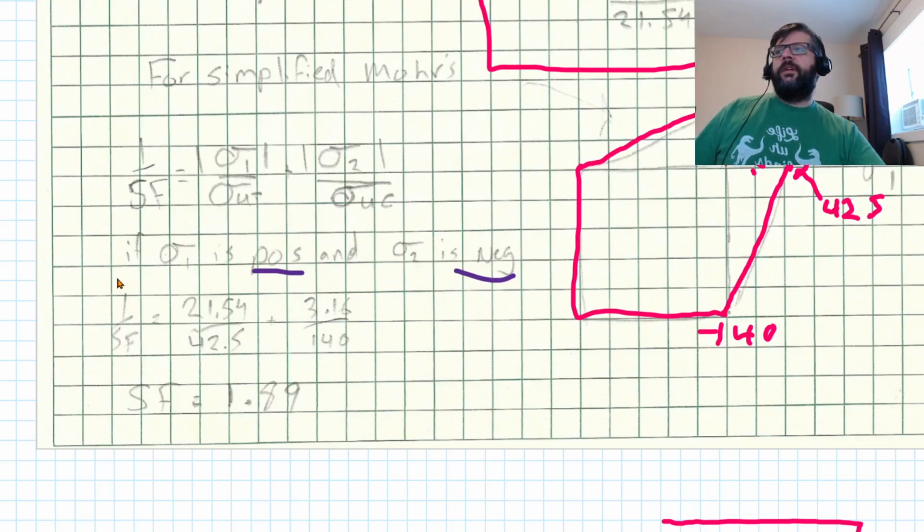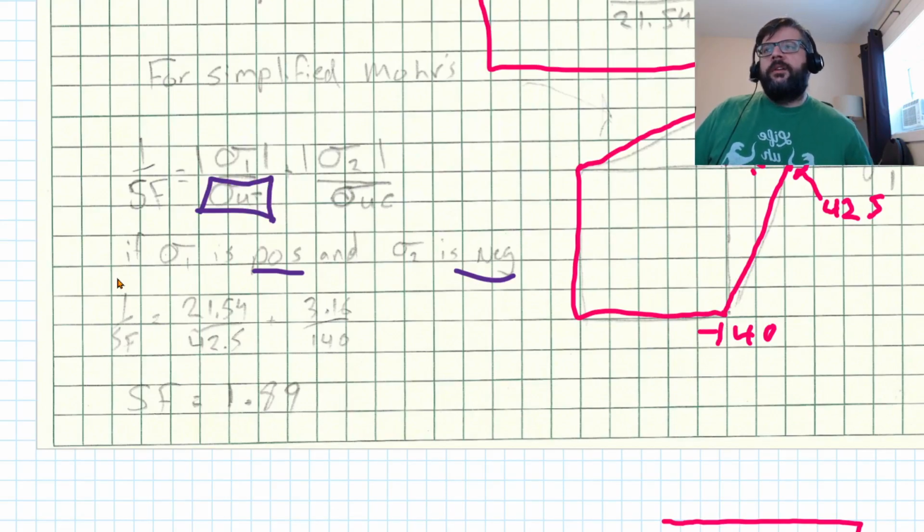1 over the safety factor is equal to the absolute value of the first principal stress divided by the ultimate tensile strength, plus the absolute value of the second principal stress divided by its compressive strength.